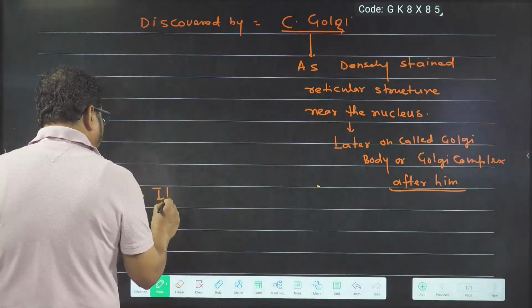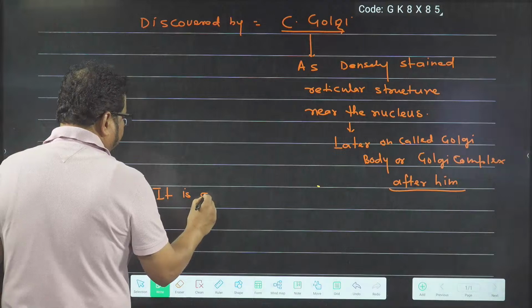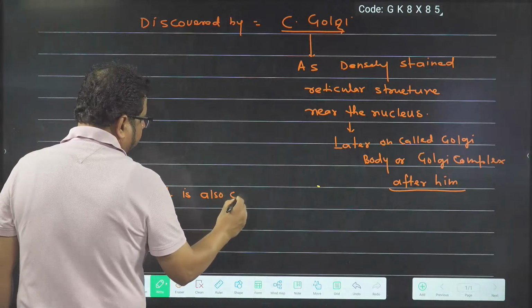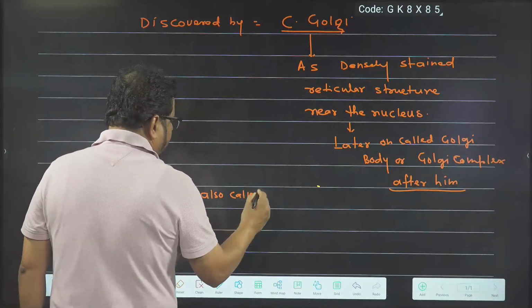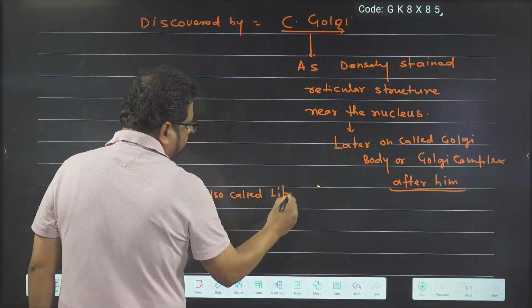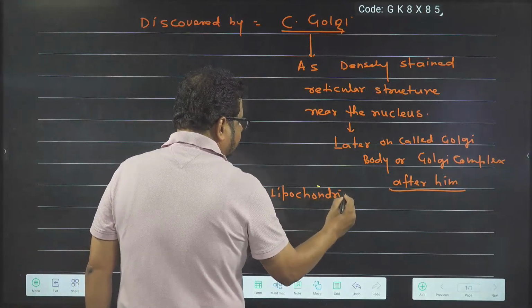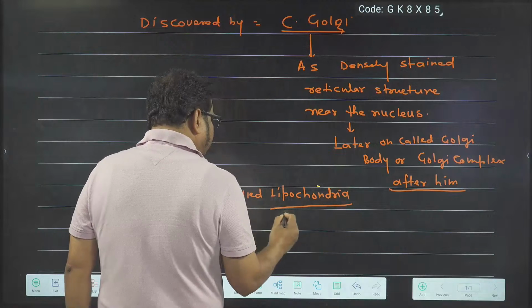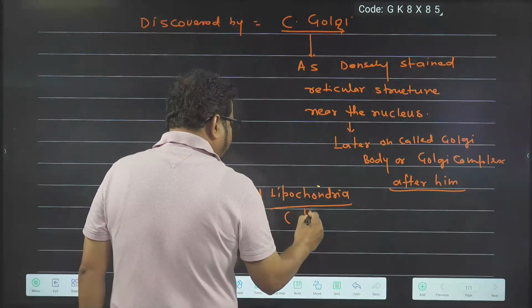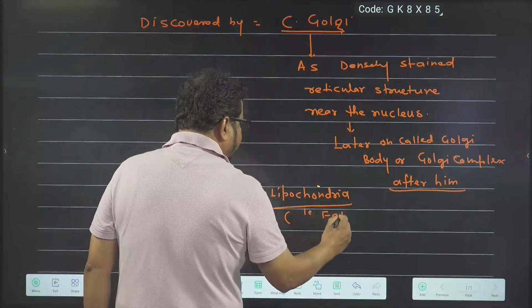It is also called lipochondria. Golgi body is also called what? Lipochondria. Lipochondria means what? Fat bodies.